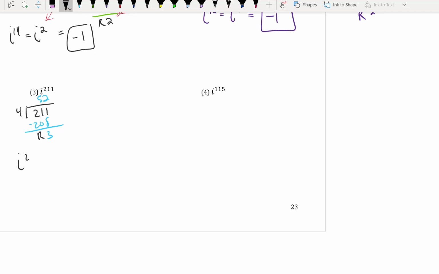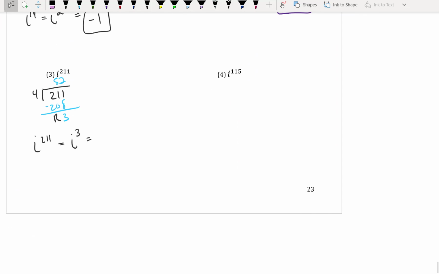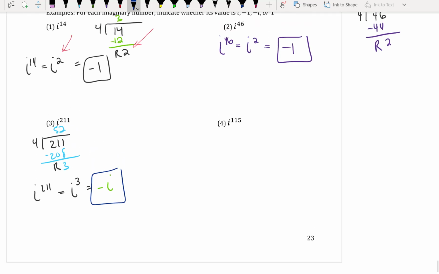So i to the 211 is equal to i to the 3rd power. And i to the 3rd power, don't forget, it's over here. i to the 3rd power is -i. And so that ends up becoming my final answer.